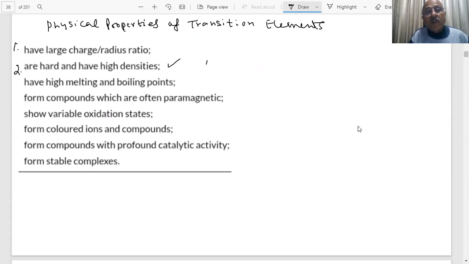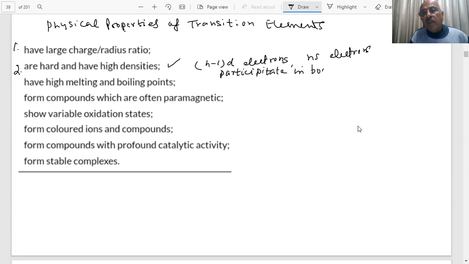So they are hard, student, because n-1 d electrons and ns electrons participate in bonding. And the bonding can be metallic and even covalent bonding. So the result is high melting and boiling points, students.